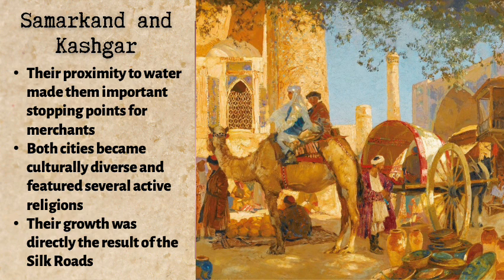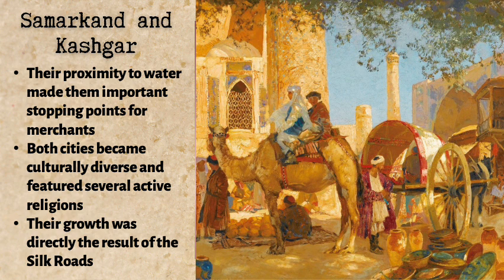Kashgar is located on the very western edge of present-day China, and it was a prominent destination on the Silk Roads because of its geographic location. It is the location where the Taklamakan Desert ends and the Tian Shan Mountains of China begin.